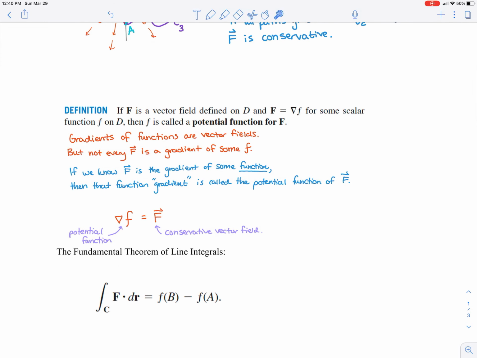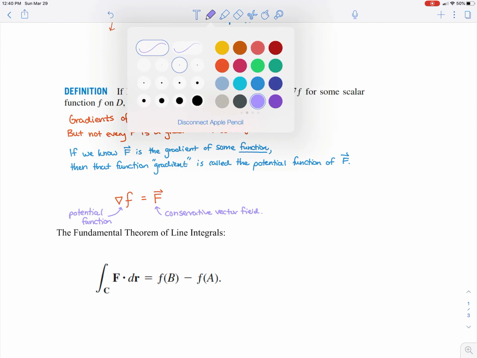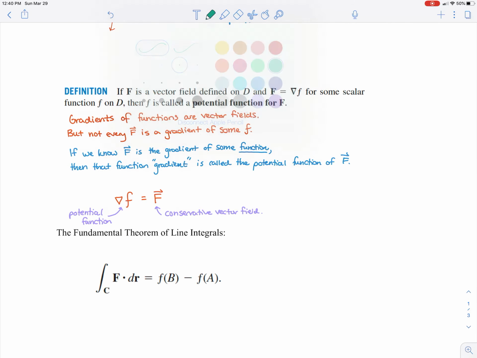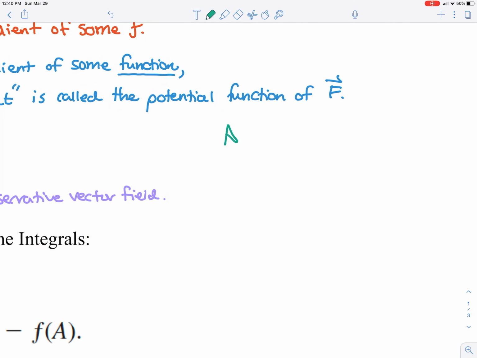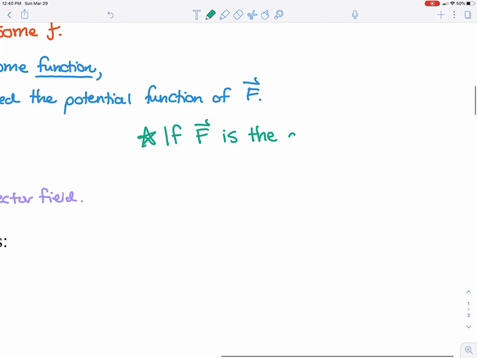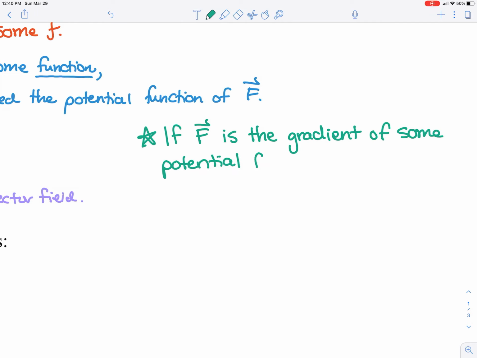So that's a really big idea as well. If your vector field is the gradient of some potential function, then your vector field is conservative.